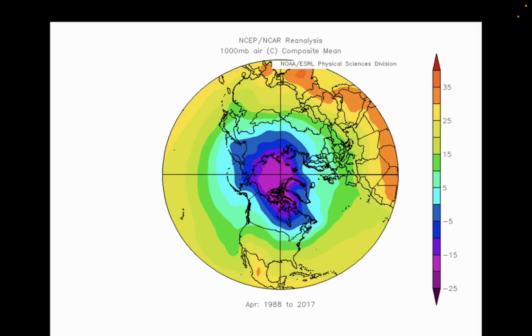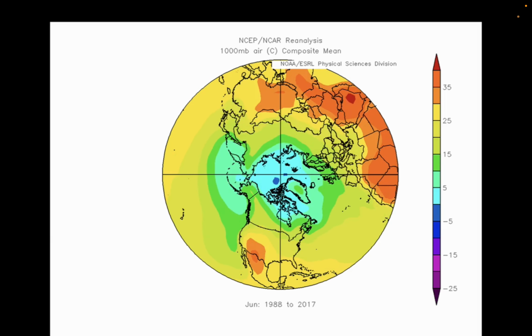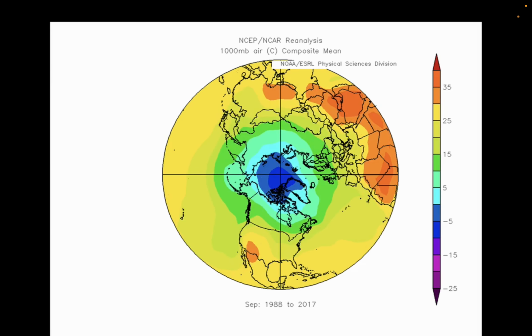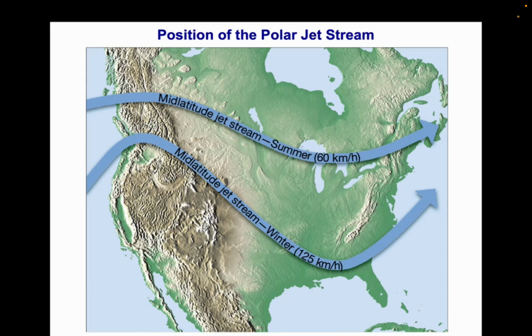So typically, as we go through the seasons, temperature increases, and we have that natural cycle of the seasons, right? And then of course this also impacts the position of the jet stream. Remember, the jet stream is the meeting place of two different air masses.